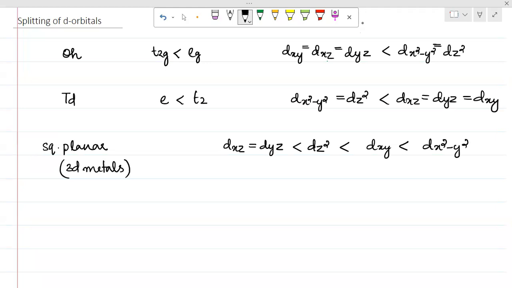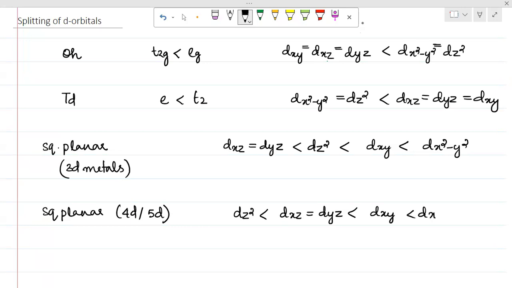That was the trend for square planar geometry with a 3d metal. For the same square planar geometry with 4d or 5d metals, dz squared is the least, then comes dxz and dyz, then dxy, and dx squared minus y squared. So please note the differences. We spoke about this in detail in the previous video, so I'm not explaining it again.